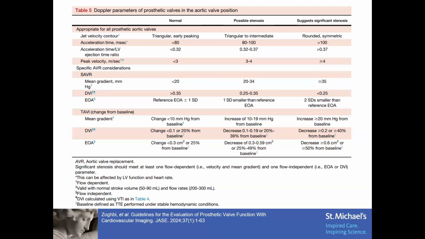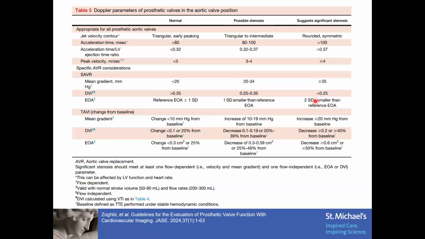So obviously, there's a lot of numbers to remember. So you can just refer to this summary diagram that they have in the ASE guideline, where on the right side, they have all the numbers that suggest significant stenosis. We've talked about all of them: the rounded symmetric contour, acceleration time over 100 milliseconds, acceleration time over ejection time over 0.37, peak velocity generally over 4 meters per second, but even over 3 meters per second should tip you off that there may be something going on.